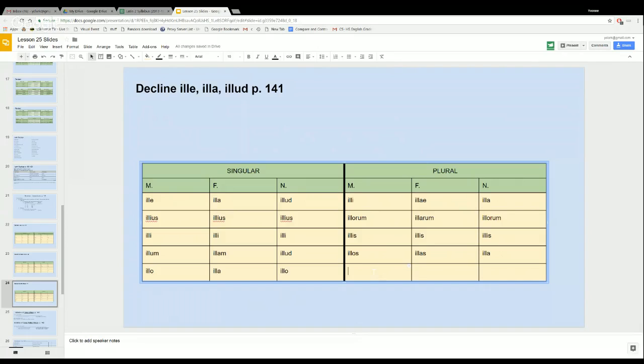And again, what's going on here in the plural? First and second declension endings. First and second, okay? So now we've established our pattern for these guys, okay?